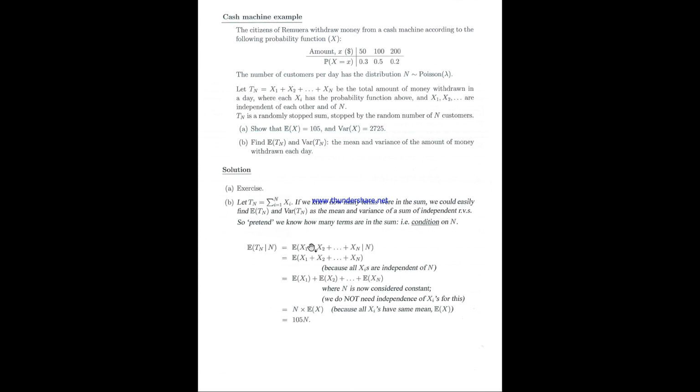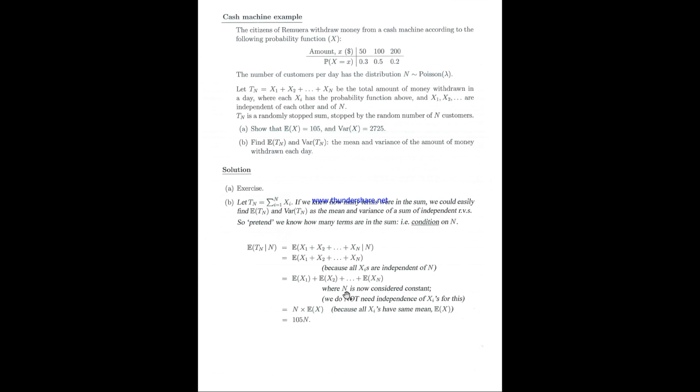So Tn we can replace by x1 up to xn given that capital N is the number of random variables. And now, since all the xi values are independent, and we are supposed to find the expectation of a summation, we can replace that by the summation of the expectations. So that is expected value of x1, x2, likewise up to xn.